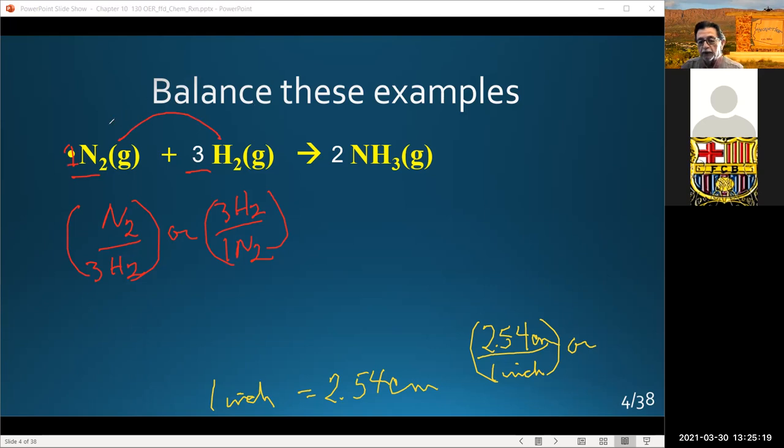But I can have a relationship between the nitrogen and ammonia, which says that 1 nitrogen per 2 ammonia. And again, I can write it like that, or ammonia in the numerator.